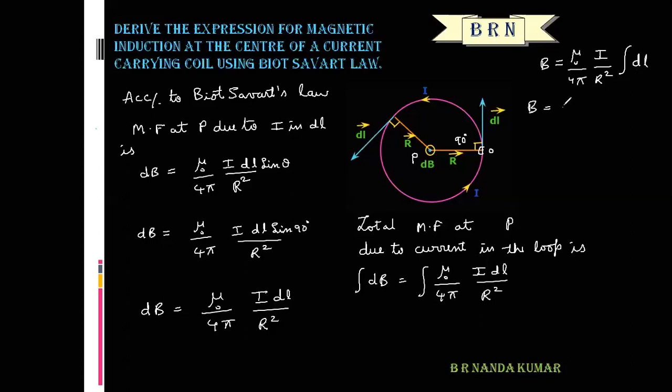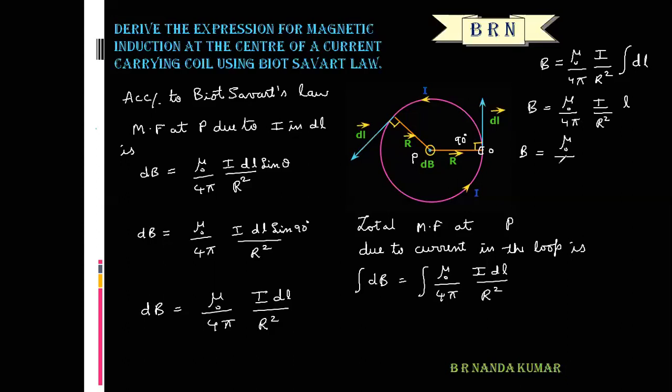So B is equal to mu naught divided by 4 pi, I divided by r square, times the integration of dl, which is L. What is the meaning of L? L is the total length of this circular current loop.